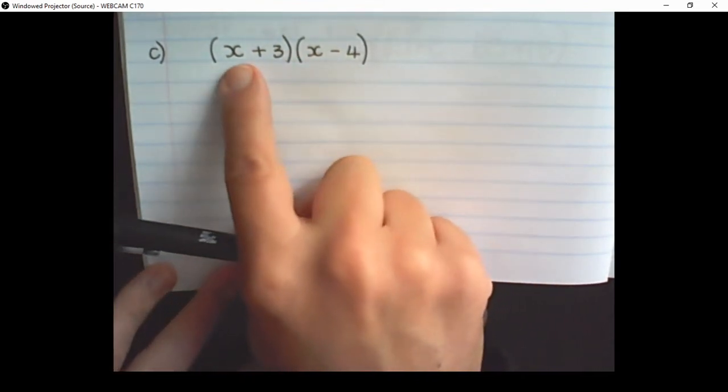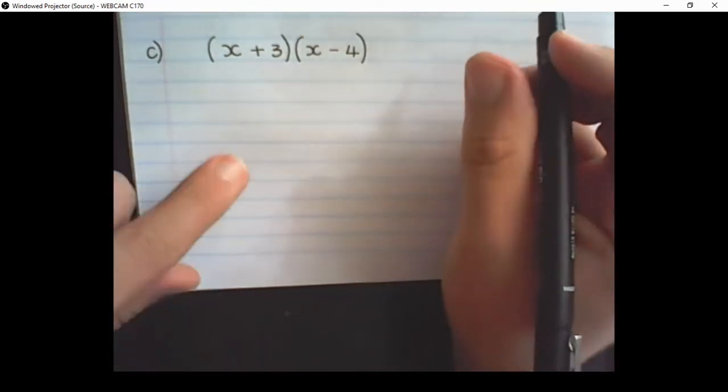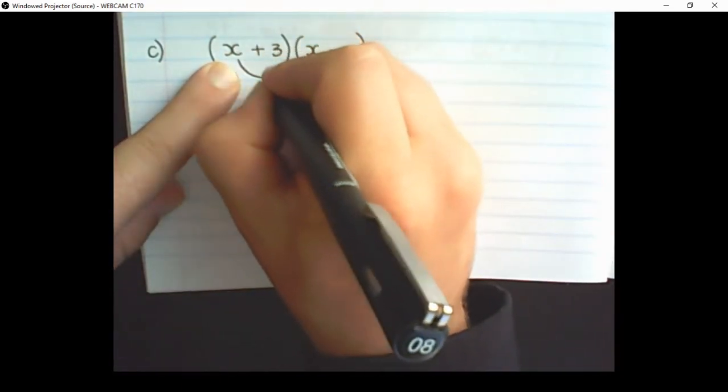So let's start with this x. We are going to multiply this x with everything in the bracket on the right.